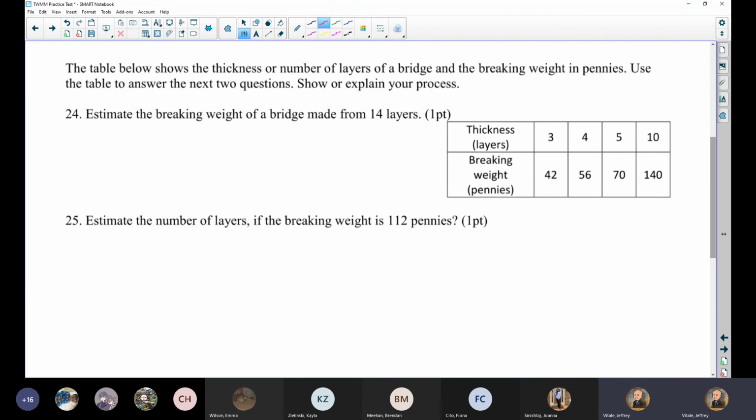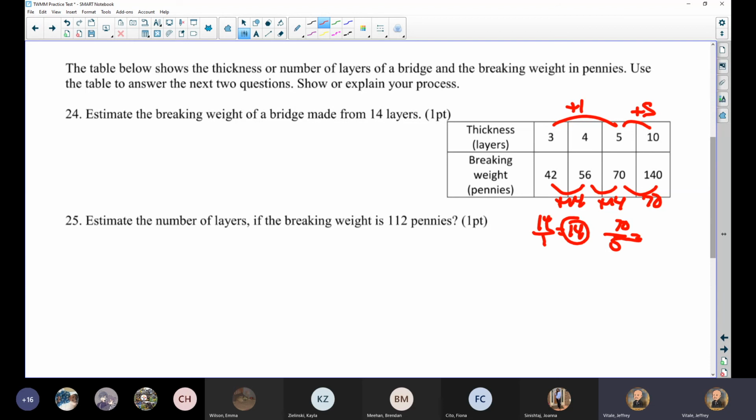So again, if we take a look, it's kind of like the other one, right? This is going up by 1. This is going up by 5. This is going up by 14, 14, and 70. So our breaking weights. Well, we know that 14 over 1 is 14. What about 70 over 5?